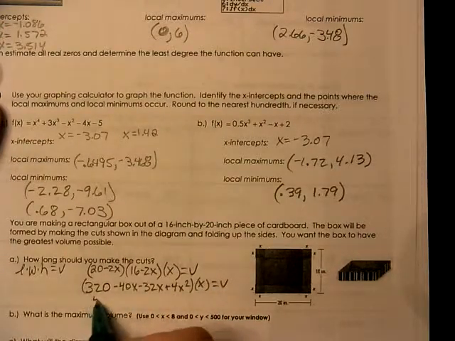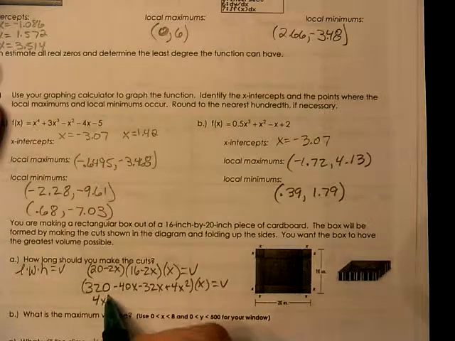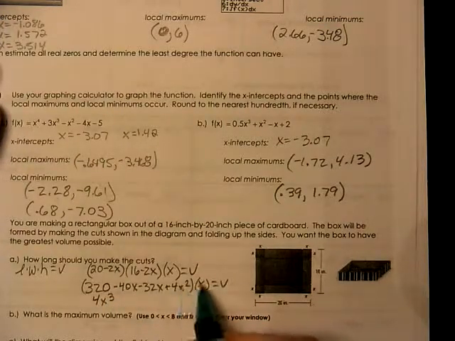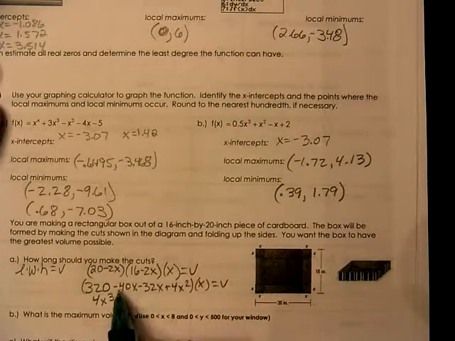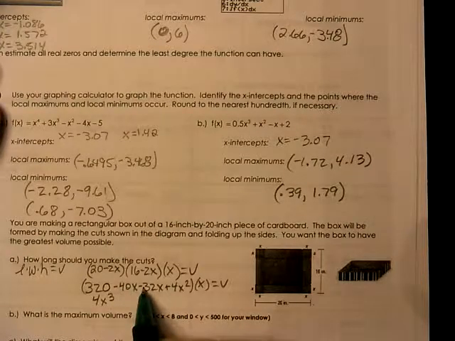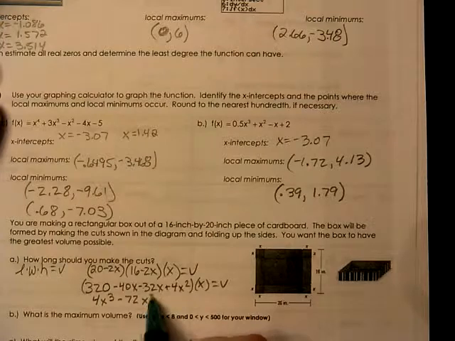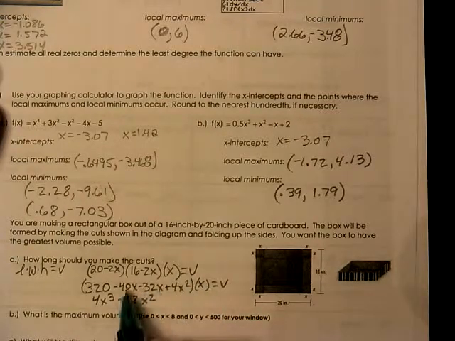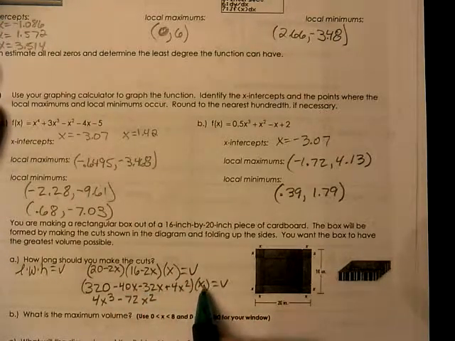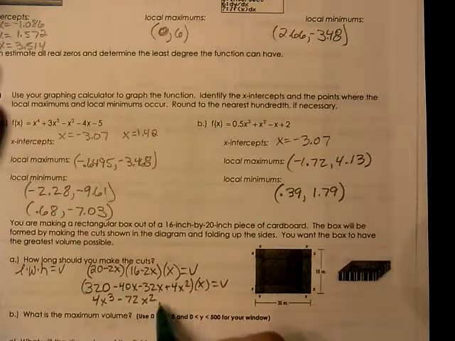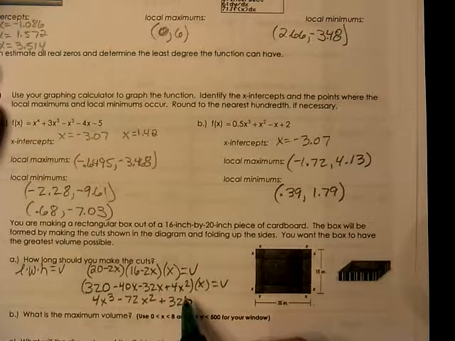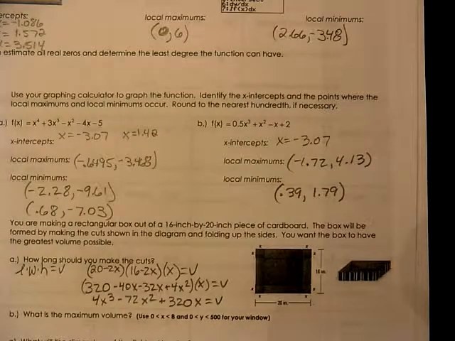And we're going to have 4x cubed when we multiply here. This is going to become negative 72x squared, because negative 72x times x makes it x squared, and then here that's going to be a positive 320x. So that's going to be the volume.